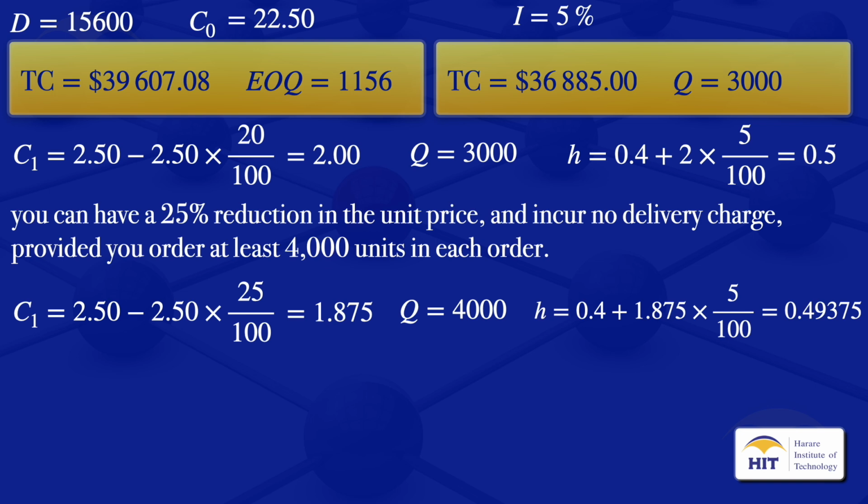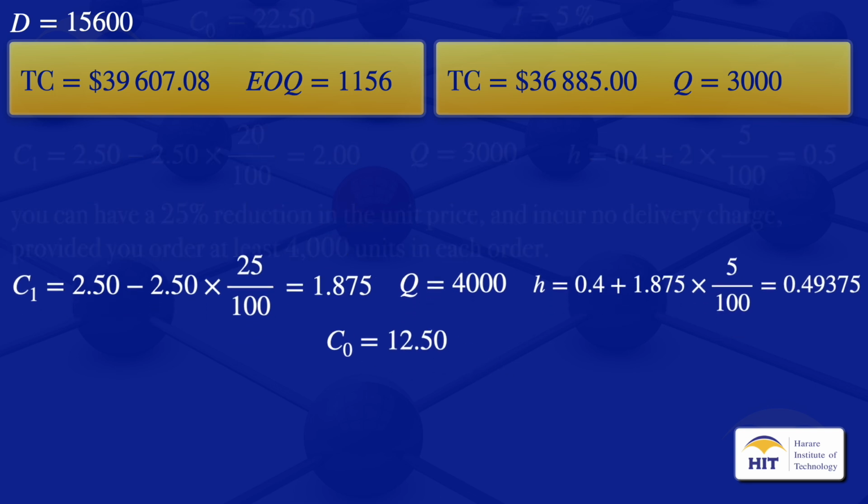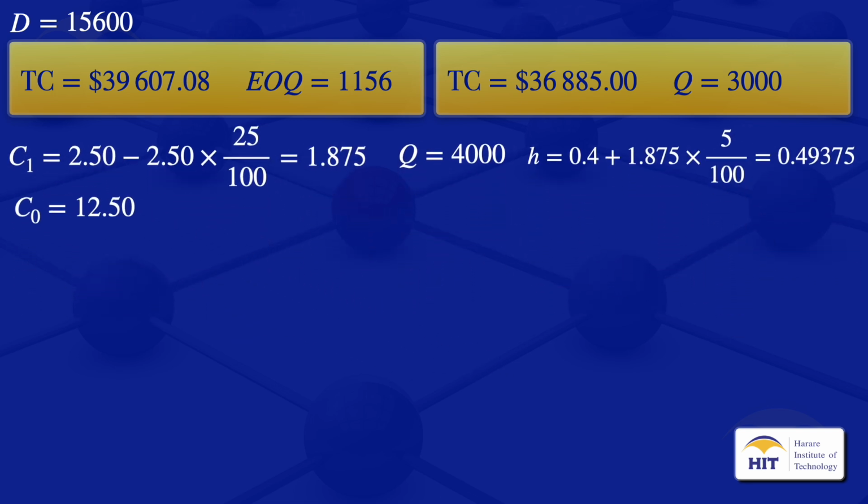And in terms of our ordering cost, initially we were having $22.50, just because we had a $10 delivery charge. But in this case, there is no delivery charge. So our ordering cost will just be the $12.50, which comes from the internal ordering costs. So we have our C naught is equal to $12.50. So those are the values that we are having there.